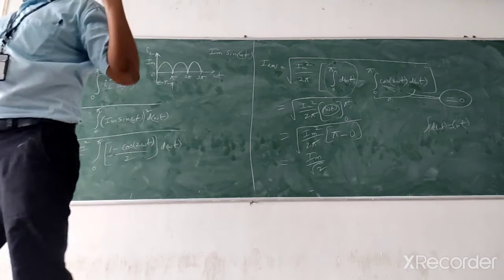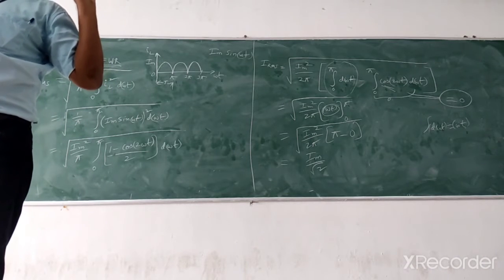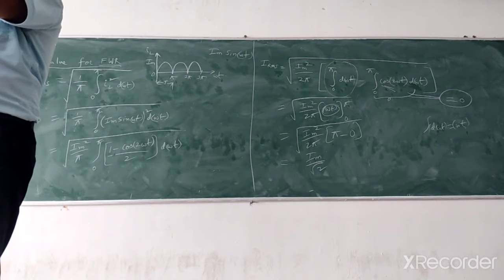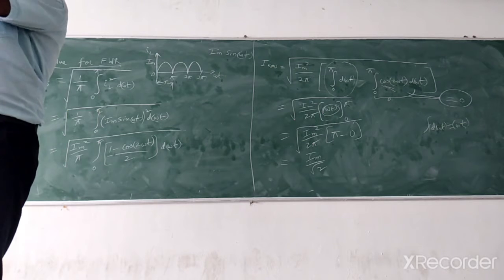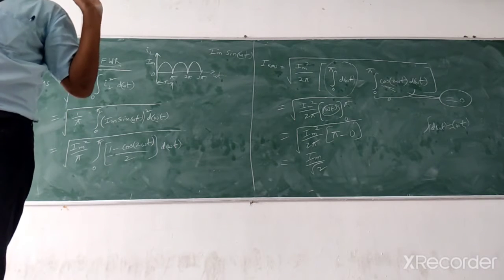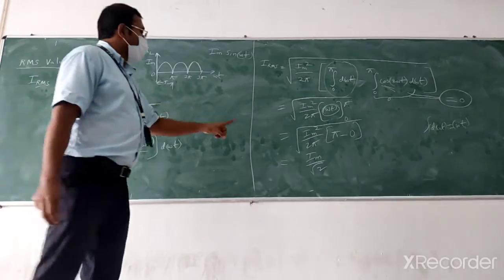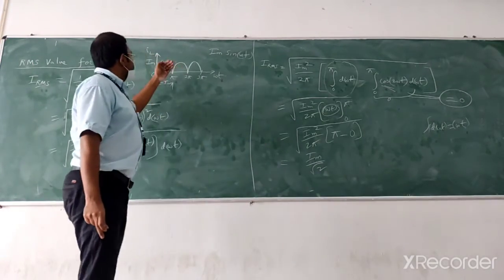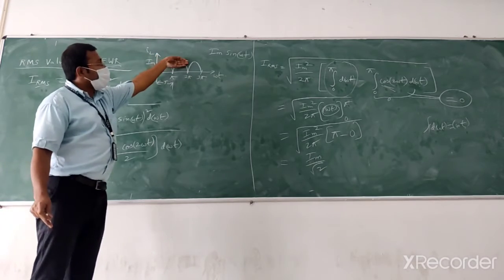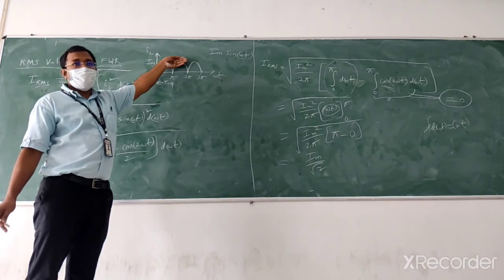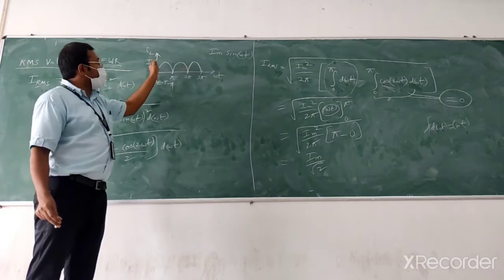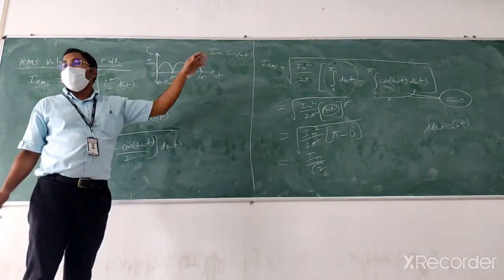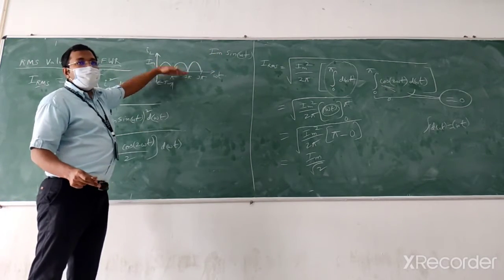Vm by root 2. The RMS value of a sinusoidal current will be Im by root 2. Why are we getting the same? Because this is like a sinusoidal signal with the negative half cycle inverted.